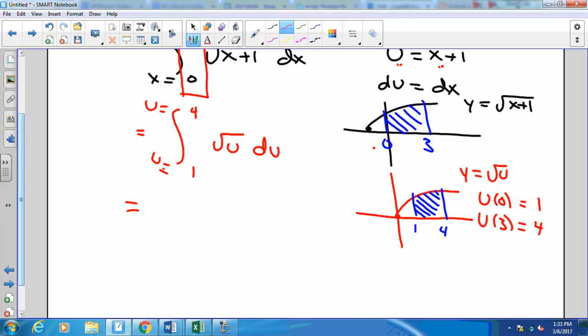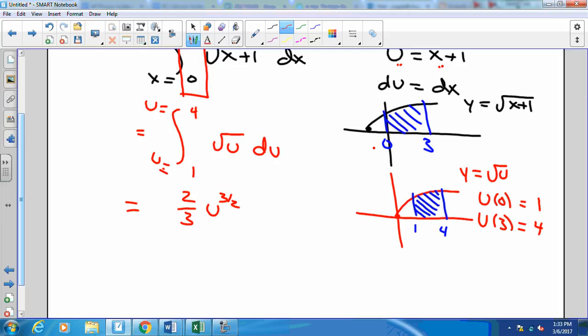It's due to the 1 over 2. Sure. Minus 1? Why? Oh, plus 1. Plus 1, all over 2, which is 2 over 3 times u to the 3 over 2.